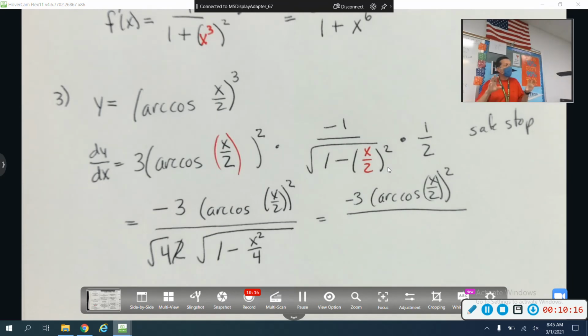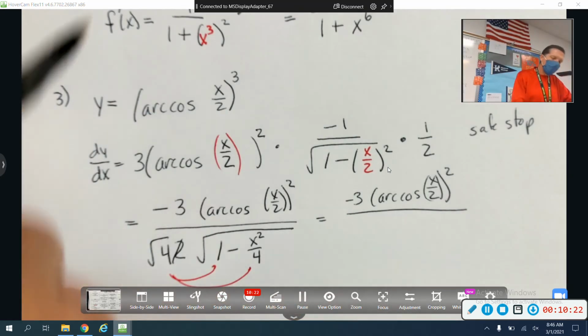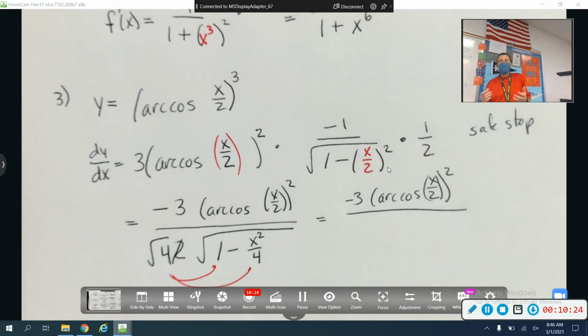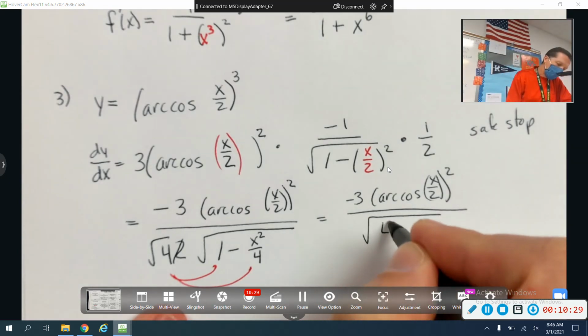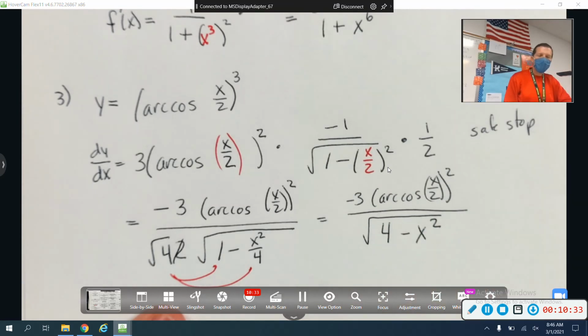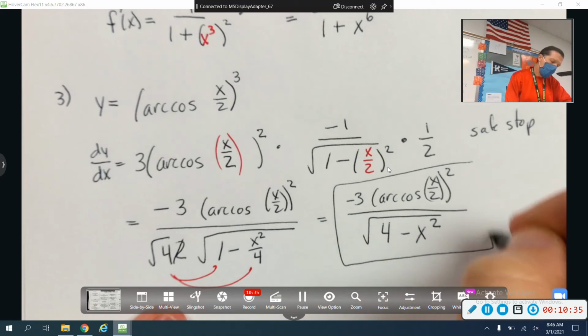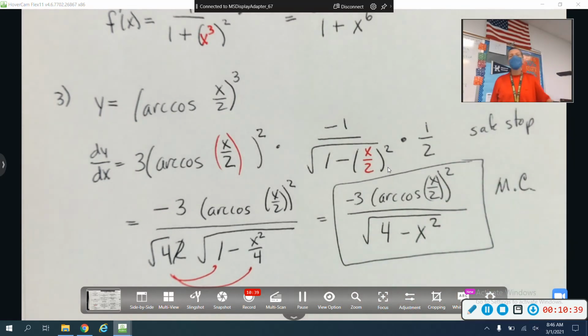So now they're both square roots, so I can multiply them together. I can distribute that 4 into the square root, and I can only do that because they're both square roots. So square root of 4 minus x squared. So there's your multiple choice Calc Chat answer.